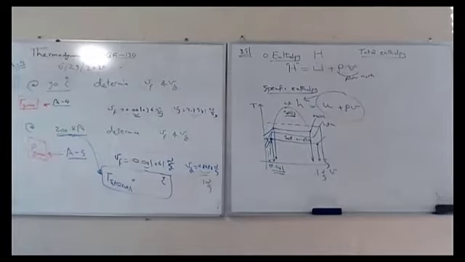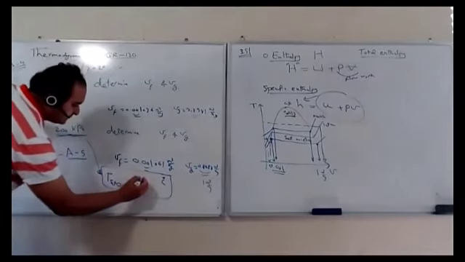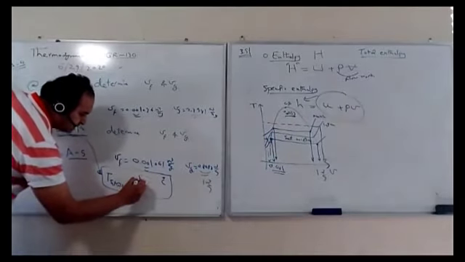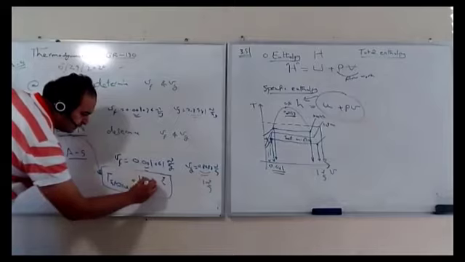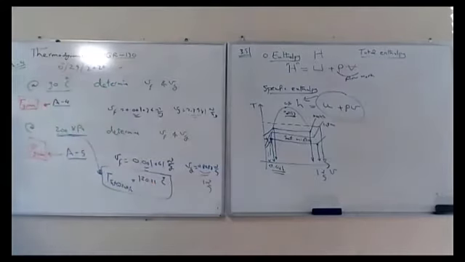Open table A5, look at 200 kilopascal, and give me the T in Celsius at this pressure. 120.21.